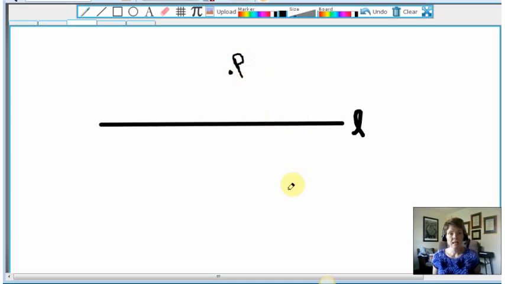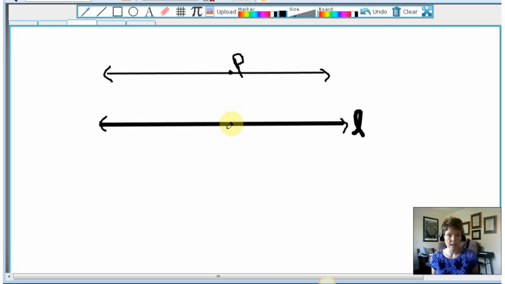How many lines can I draw through point P that are parallel to line L? Let me ask you that one more time. How many lines can I draw through point P that are parallel to line L? The answer is just one. There's only one line through point P that's parallel to a given line L.